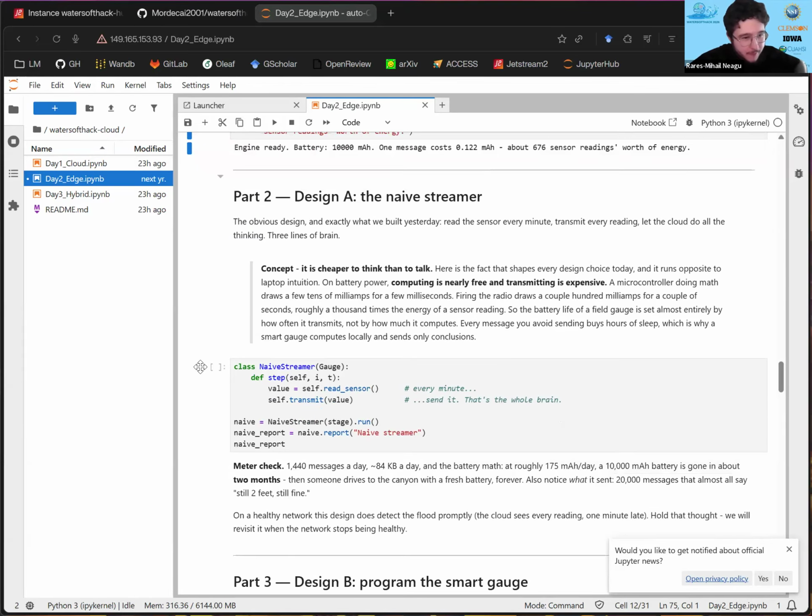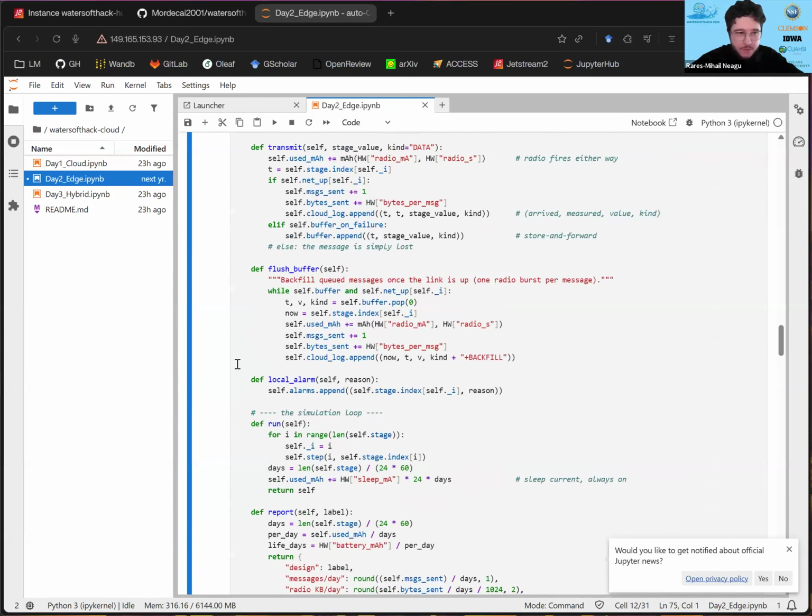Oh, can you explain flush buffer again? Yes. So what the flush buffer actually does is, let's say there was an outage, right? And the gauge could not send any data to the cloud. Basically, what happens is we have something called a backfill, right?